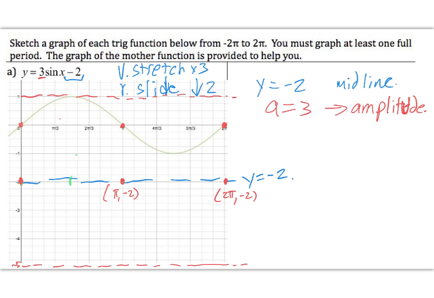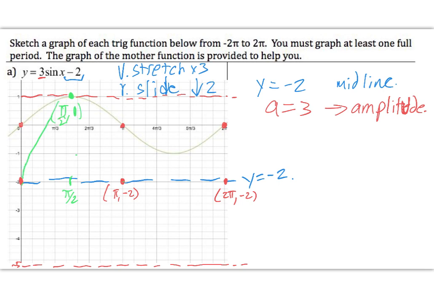And that's going to be at pi/2 because that's exactly between 0 and pi. The top of my graph is going to occur exactly in the middle of my first 2 midline points. This is going to be 3 up at (pi/2, 1).